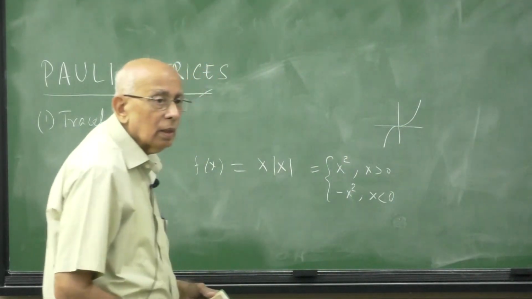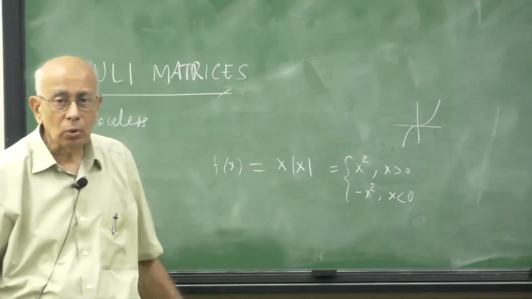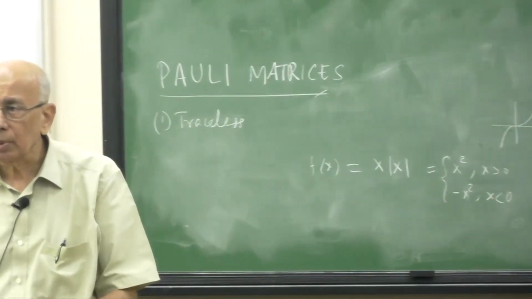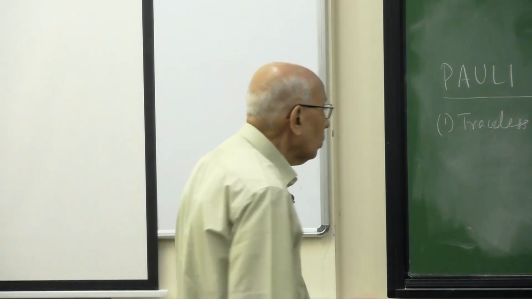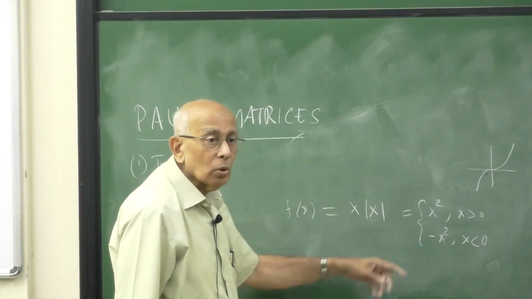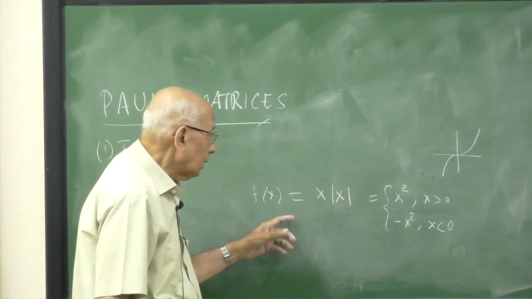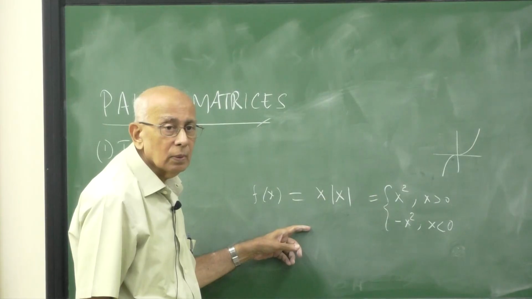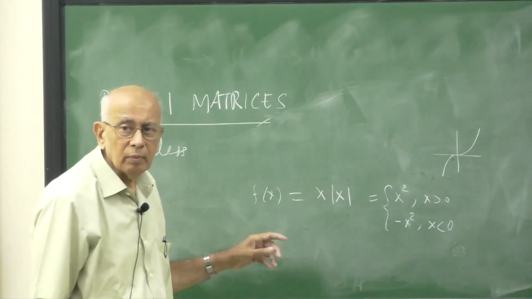It looks like a cubic curve. The slope here matches. The function is continuous, there's no problem. The first derivatives match because it's 0 at the origin on both sides. But the second derivatives don't match because of this. And you don't know it by looking at it, unless I write this explicitly down. Okay. In complex analysis, you don't have this kind of mess.